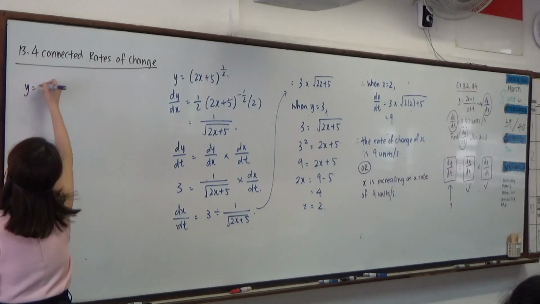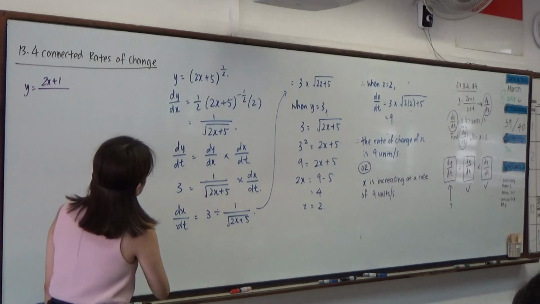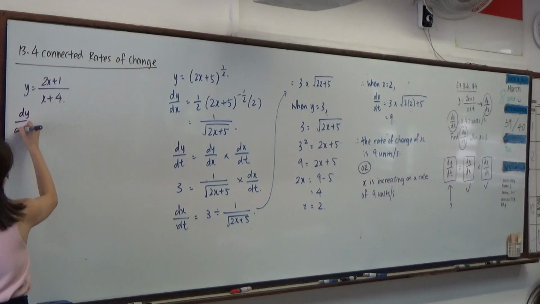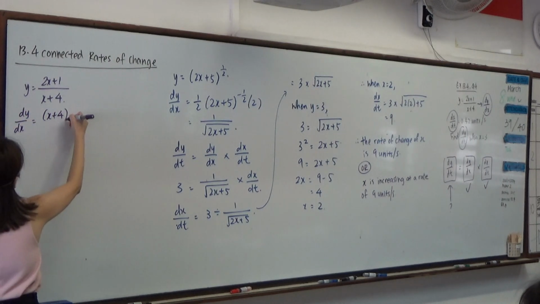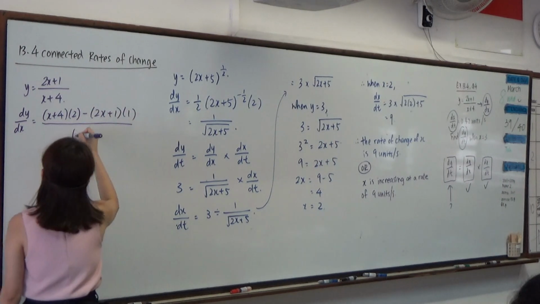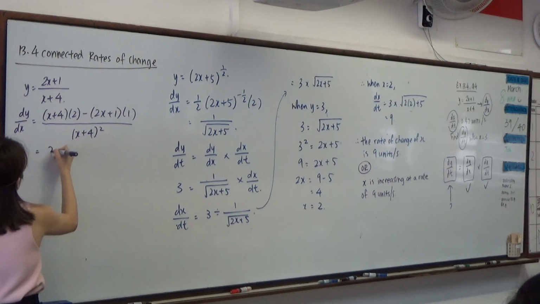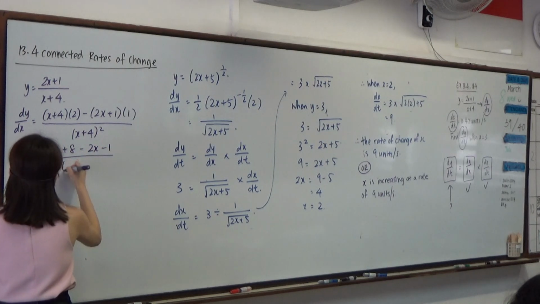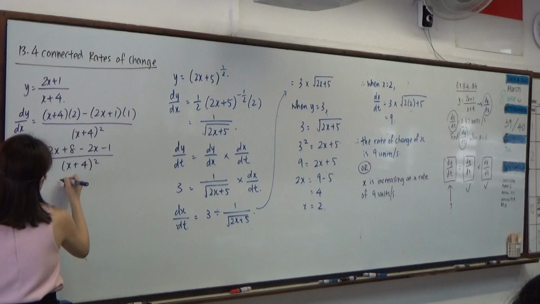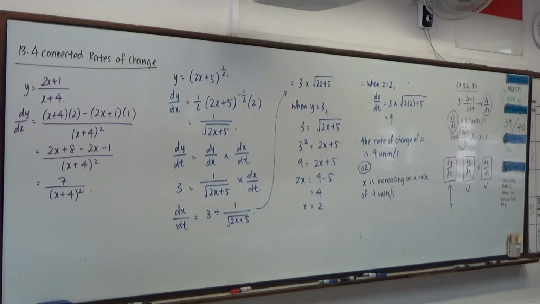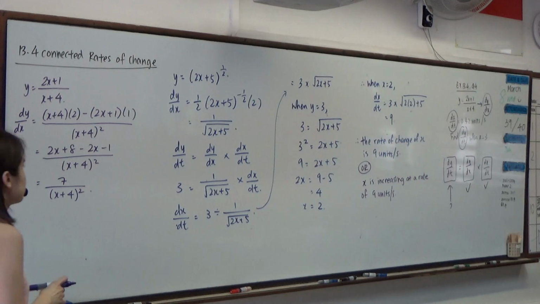With y equals 2x plus 1 over x plus 4, we can use our quotient rule. And we find that dy over dx will be 7 over (x plus 4) squared.